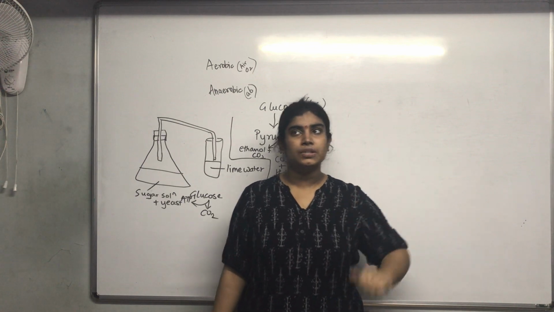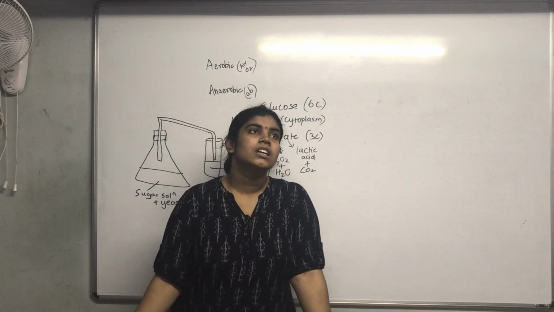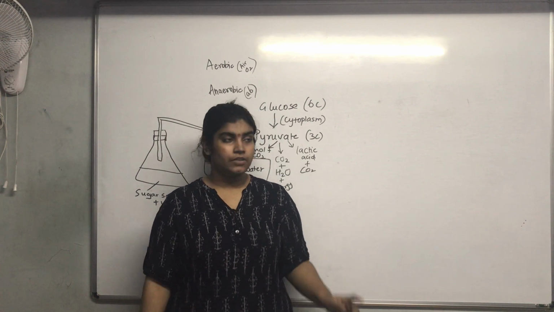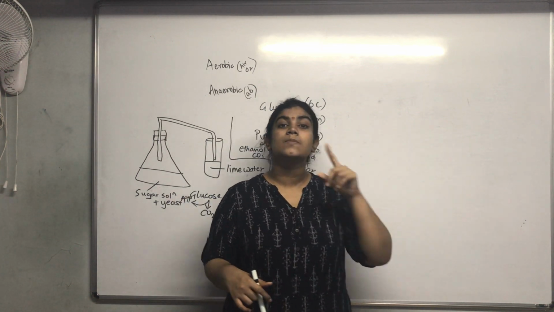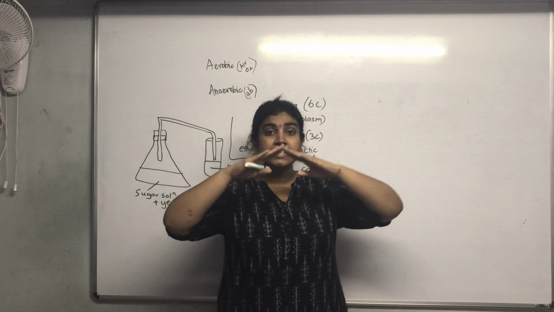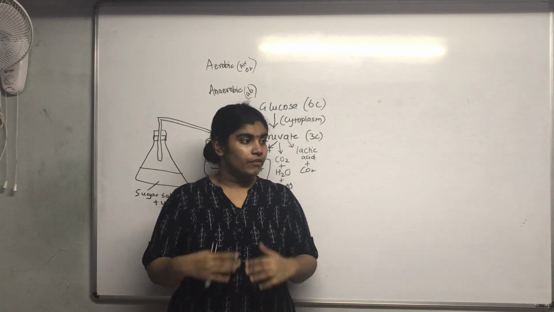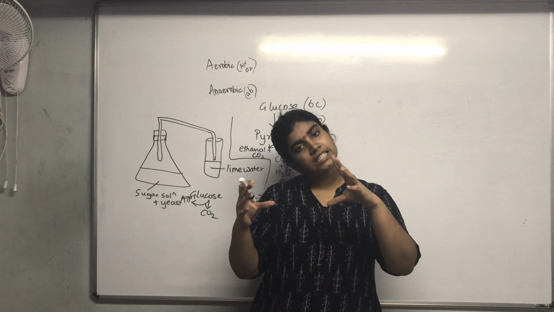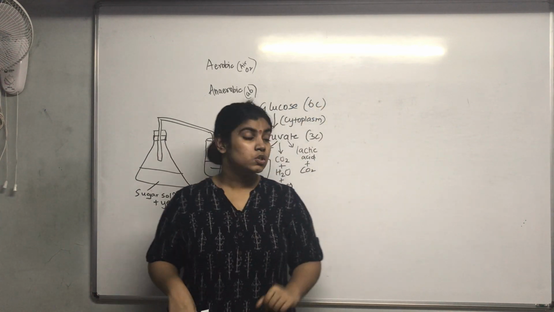Now let us move on to the terrestrial animals. Again, as I explained about the villi, the finger-like projections in the small intestine, which have a large surface area. Why do they have a large surface area? Because it increases the rate of absorption.